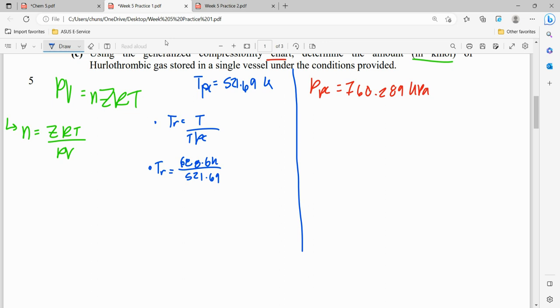Okay, this is 688.6 divided by 521.69. And this gives us 1.319. Right, so that's kind of in between.